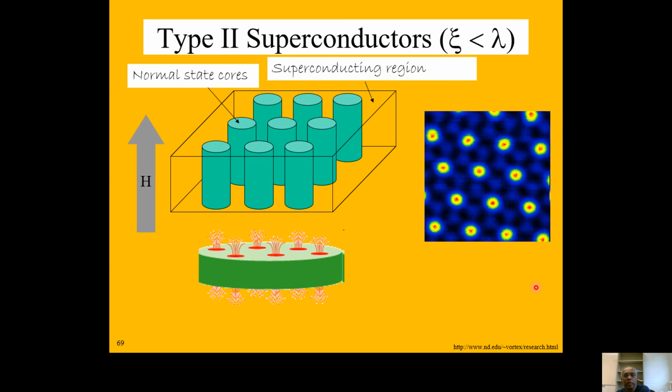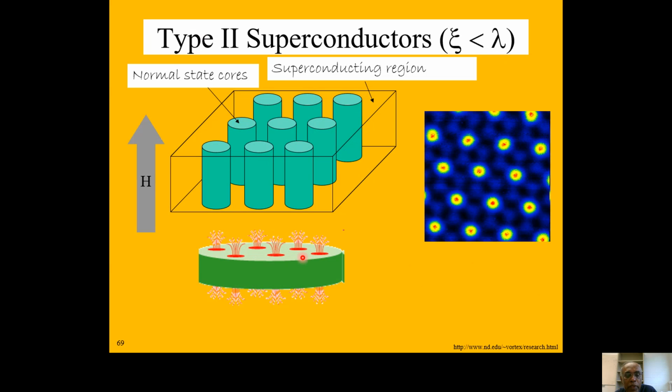So then, like we discussed, these type 2 superconductors, where your coherence length is much smaller than your penetration depth, have these vortices, right? So we have superconducting regions, then they have these vortices where they become non-superconducting or normal states. And at that point, you have magnetic flux passing through, right?